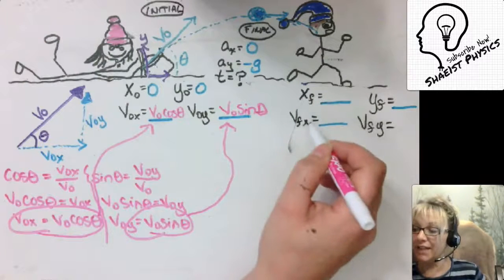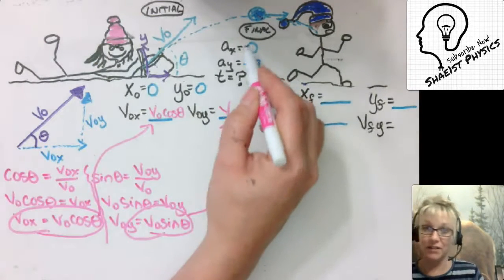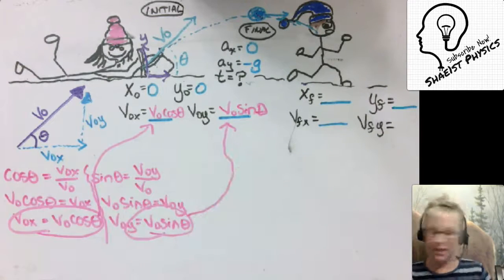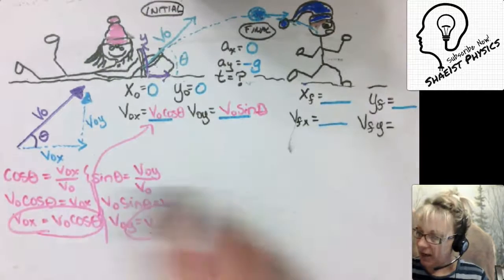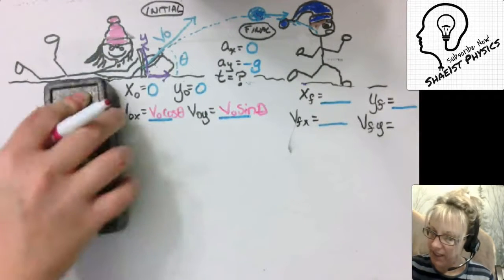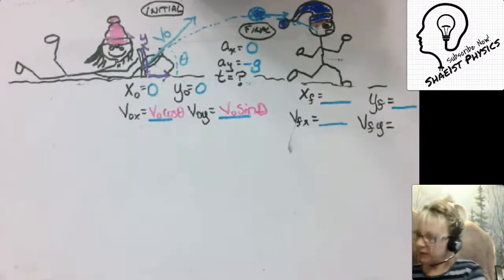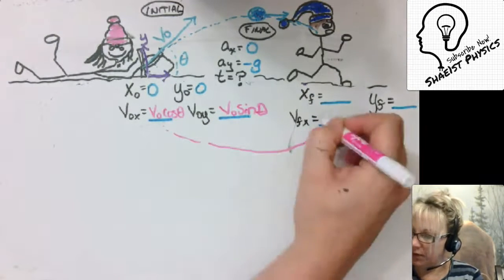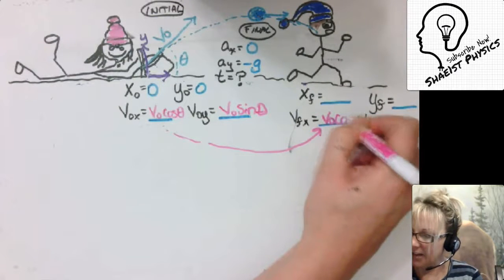The final velocity in the x direction, because we have zero acceleration, is going to be exactly the same as the initial velocity. So we're just going to get rid of this here because we've already taken care of that, and I'm going to put it over here because it's exactly the same thing.